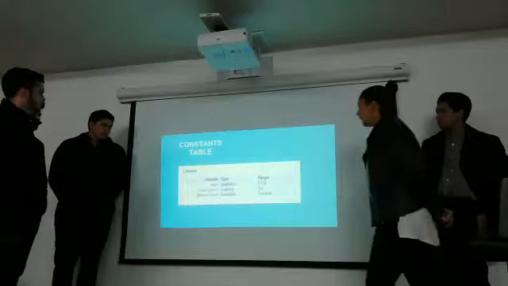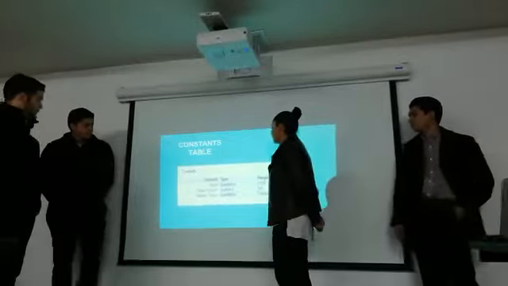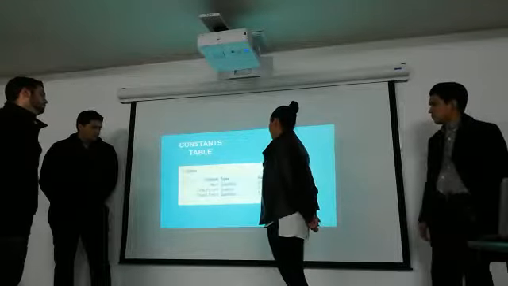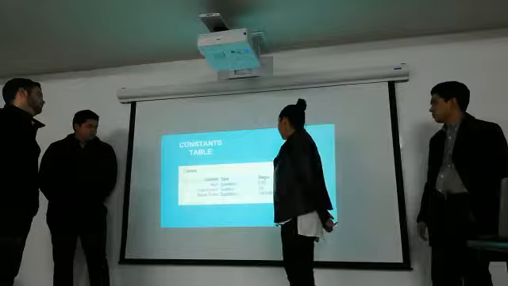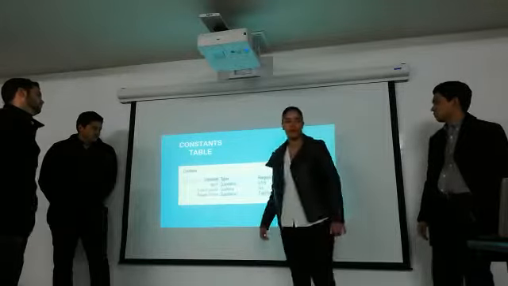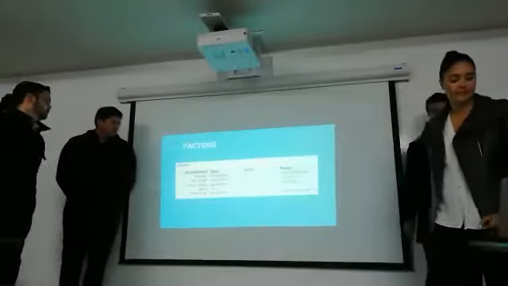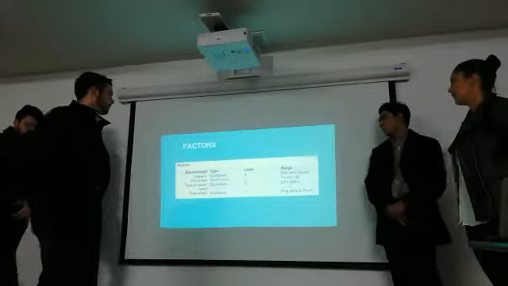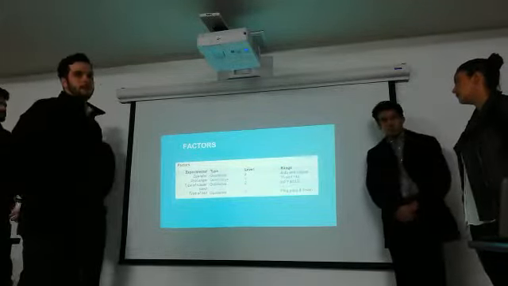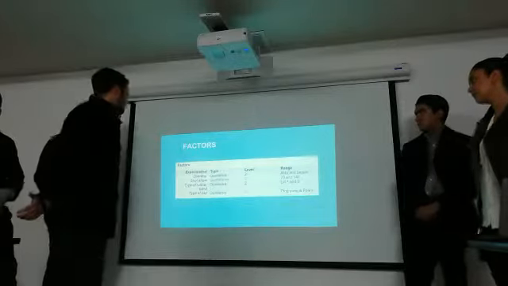And our constants were the height, catapult position, and release timeout. They were all quantitative, and the ranges varied. Well, as Romina said, there are many factors that can help our catapult decrease the deviation.